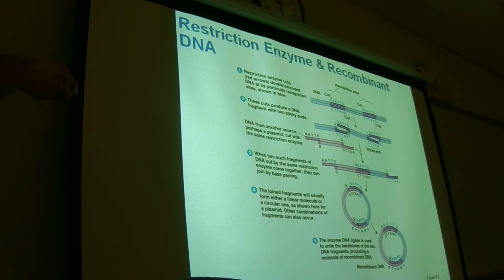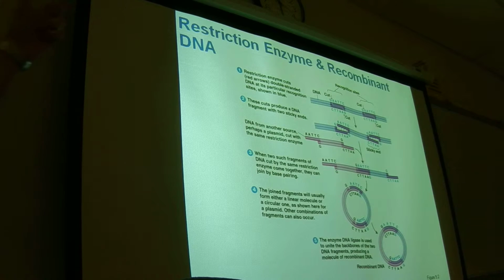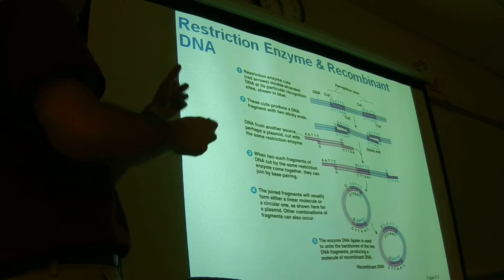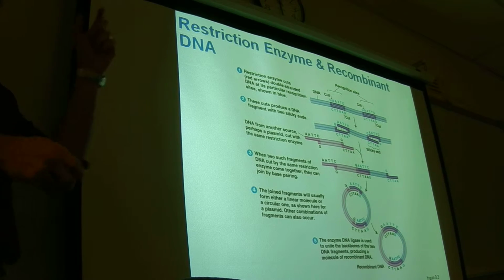Now, if you take your gene and you ensure that your gene has those same restriction sites, it'll basically just paste in nicely into that little opening and reclose the circle. Okay, so again, that's something that you did in the lab the other day. So you cut with a restriction enzyme, make an opening, and then you paste your gene into that opening. And now you have a plasmid that has your gene in it.